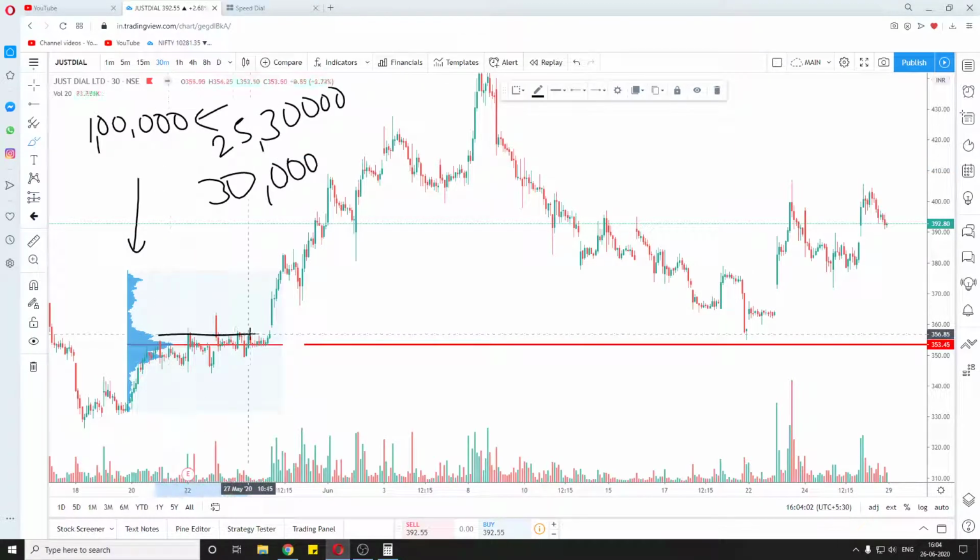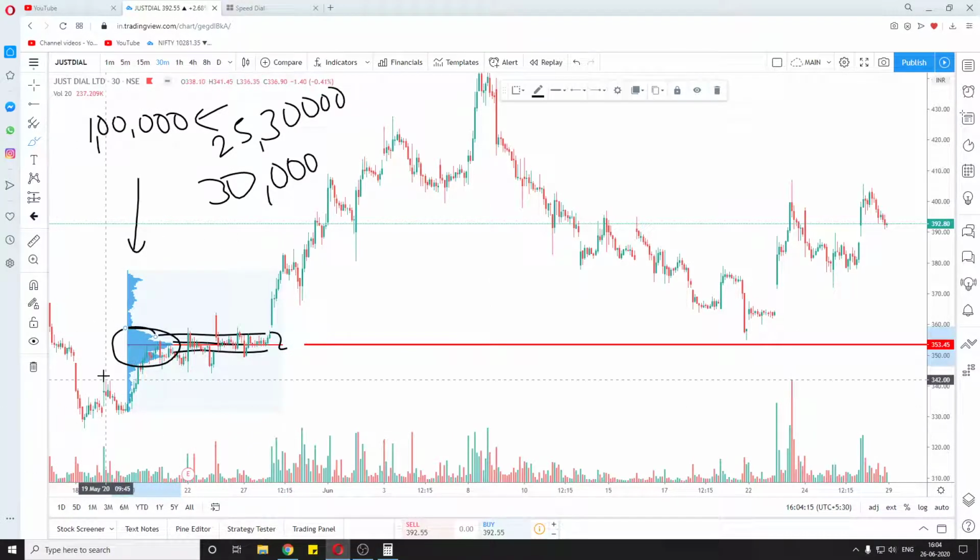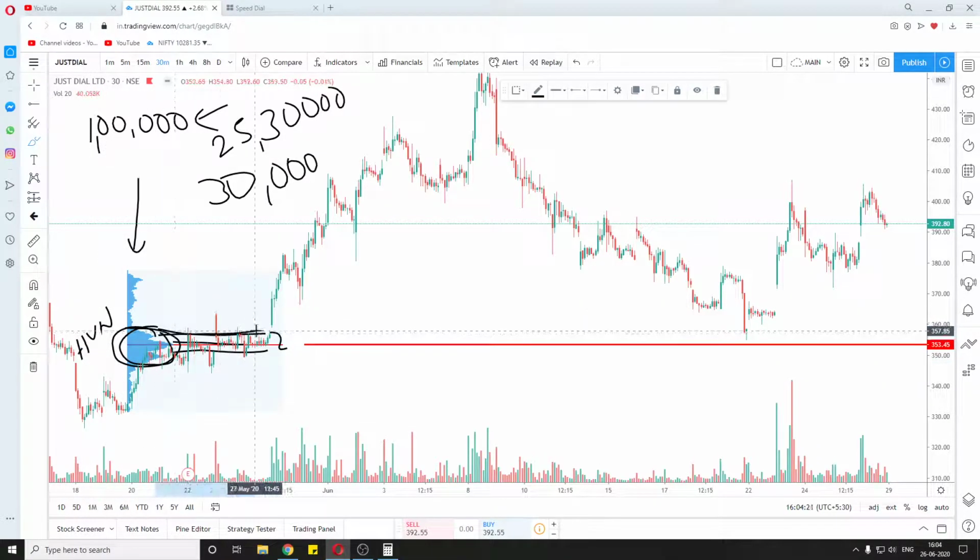So we can place some order at 357, then 355, and then like 2 3 orders we can place and wait for the market, because this whole area is the high value node, the HVN, and this whole area will provide support. And we had previous resistance at 355, which will now act as a support.